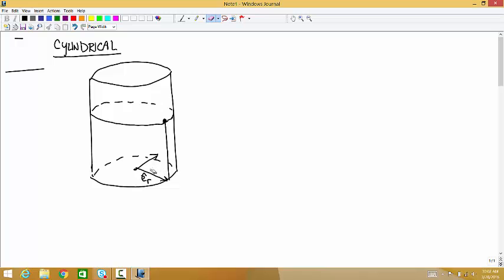So let's say that's a distance R. That's an angle theta, just like in polar coordinates. But then in addition, you have a third axis, and you use that to give the height.